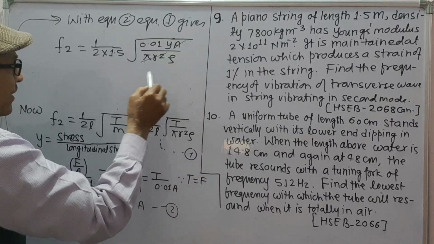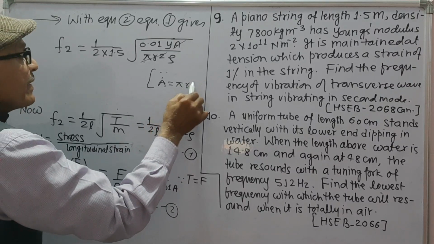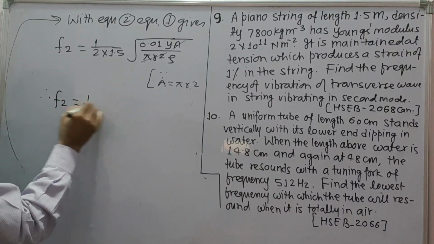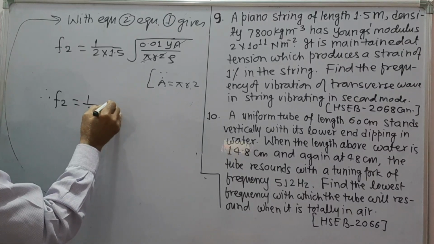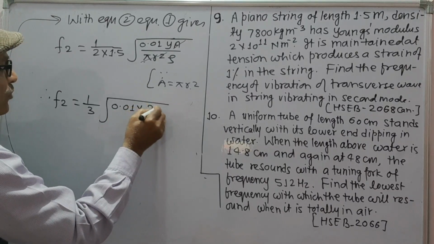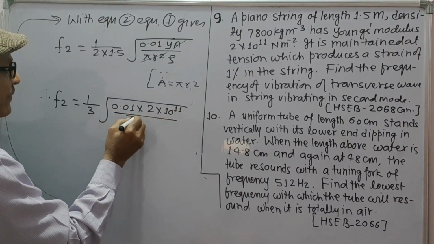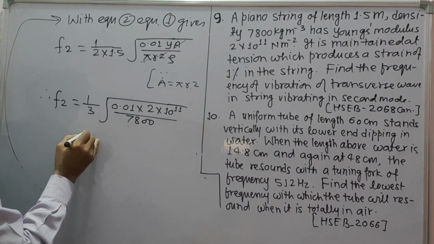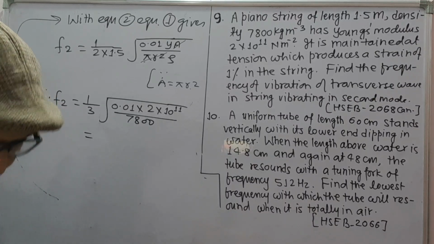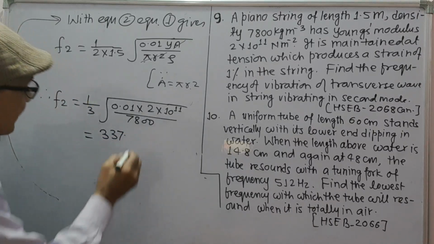A cancels pi r square because A is equal to cross section area pi r square. Therefore F2 will be equal to 1 upon 3 into 0.01. Y is 2 into 10 to the power 11 upon rho is 7800. On simplification, we get frequency as 337.58 Hz.